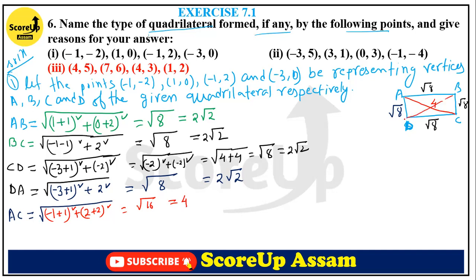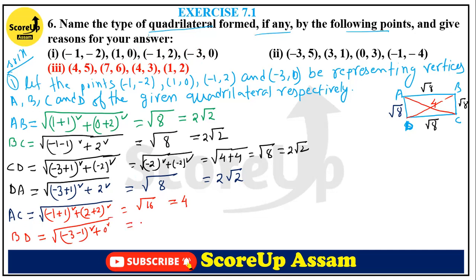Now let's check BD. Let's check the diagonal length BD. Okay. So this is our point B, this is our point D. We can write minus 3 minus 1 whole square plus, so this is our D, this is our B. So minus 3 minus 1, that means 0 minus 0, ultimately 0 square, right?